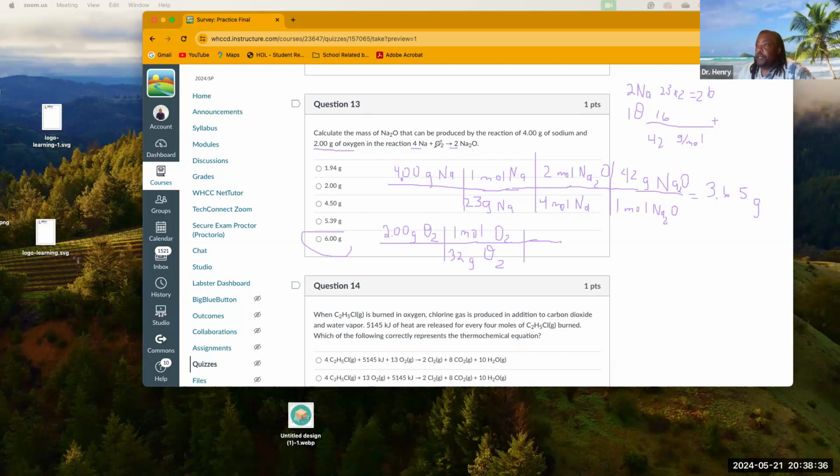So now we're going to be looking at the ratio of oxygen to sodium oxide. Okay, so for 1 mole of oxygen, we have 2 moles of sodium oxide.